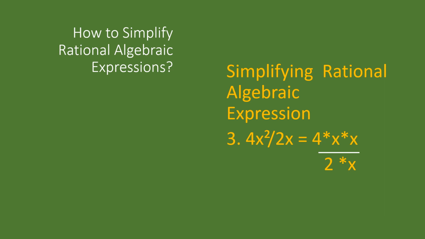For 4 divided by 2, we know that is 2. So we have here 2 and we have here 1. And then we can get rid of this common factor again, the x and the x. So what is left now is 2x divided by 1, or that is simply 2x. Okay, so this is now the simplest form: 4x squared divided by 2x is equal to 2x.